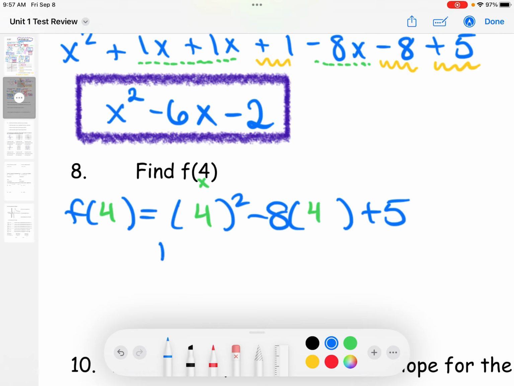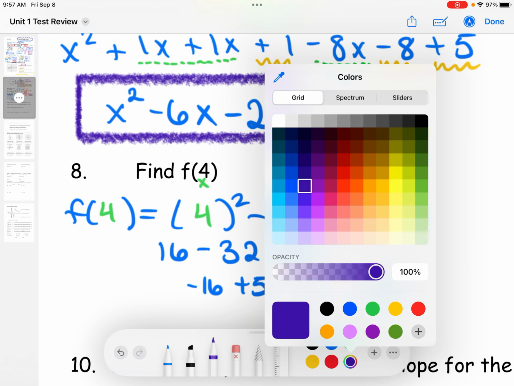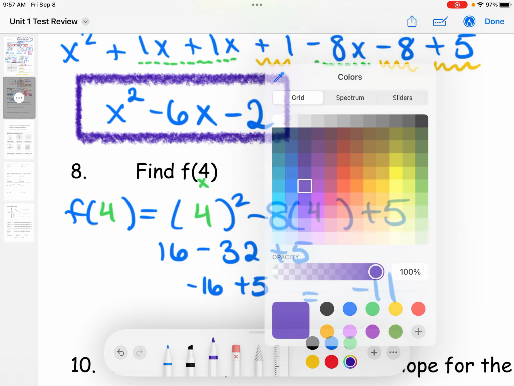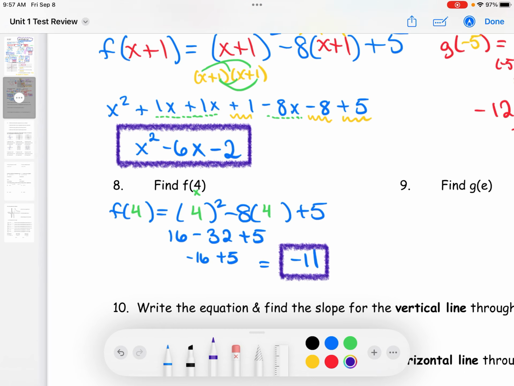Then work this out. 4 squared is 16 minus 32 plus 5. 16 minus 32 is a negative 16 plus a 5. So this equals negative 11. So I lost what color that was. It was that one. So f of 4 is negative 11.